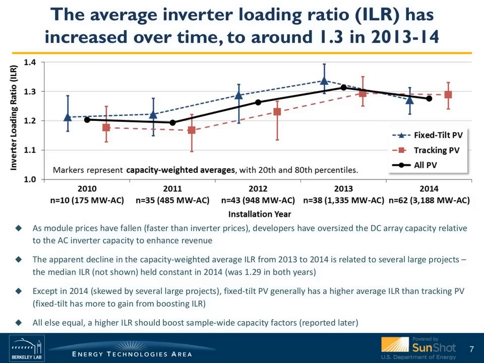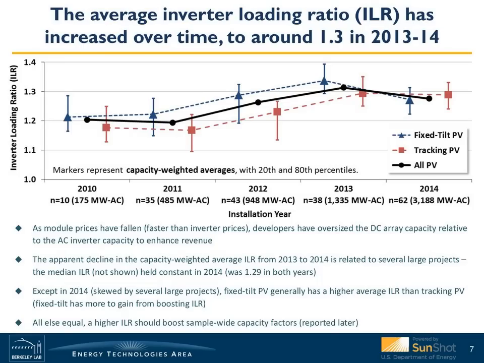And as the module prices have fallen faster than inverter prices, developers found it advantageous to oversize their DC array capacity relative to the capacity of the inverter in order to enhance revenue, as peak generation really just occurs a few times throughout the year, and that kind of clipping doesn't weigh in as much in comparison to the general boost of generation that you can have for most of the year.